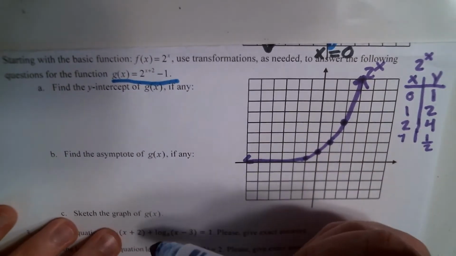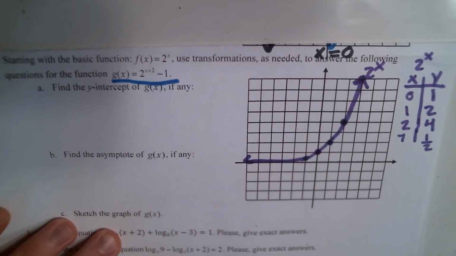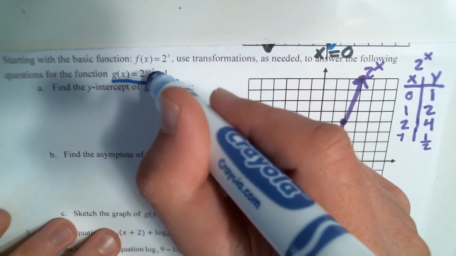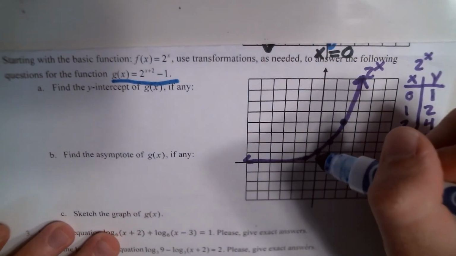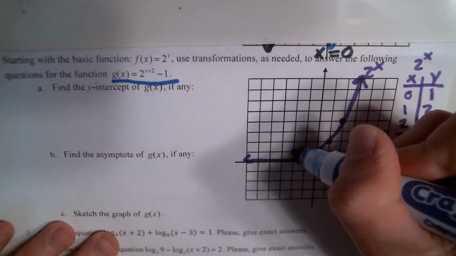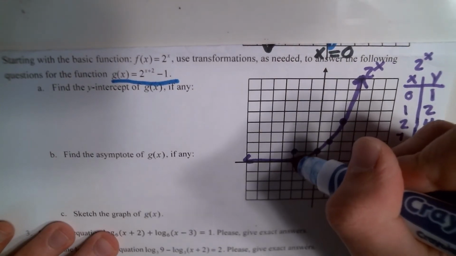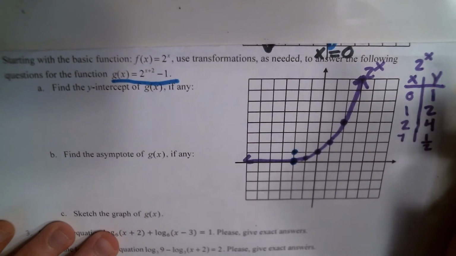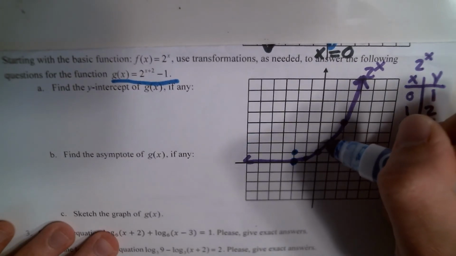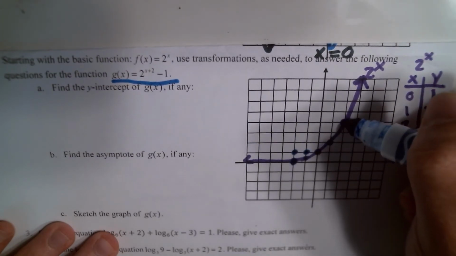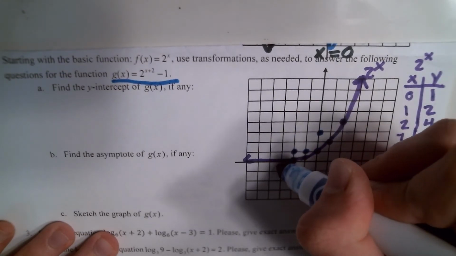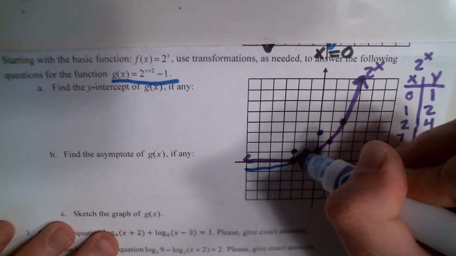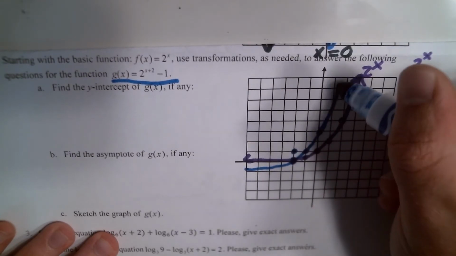Then the -1 on the outside is going to move us down 1, right? So we're going to go 2 to the left and down 1. That's where our real point is. 2 left, down 1. It's going to be like this.